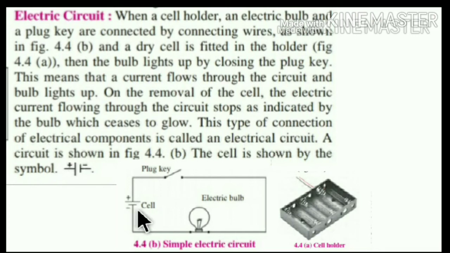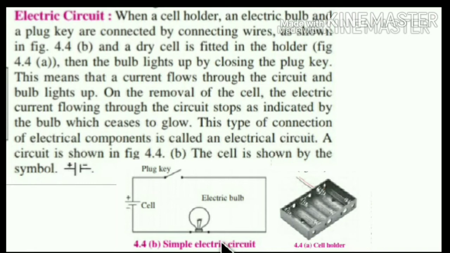On removal of the cell, the electric current flowing through this circuit stops, which is indicated by the bulb ceasing to glow. This type of connection of electrical components is called an electrical circuit.